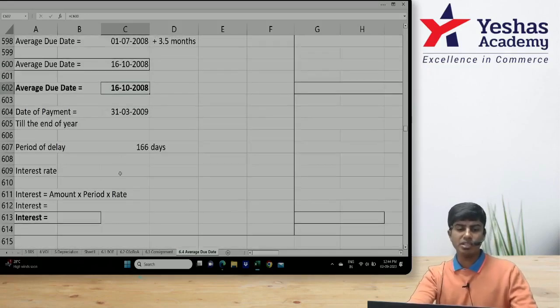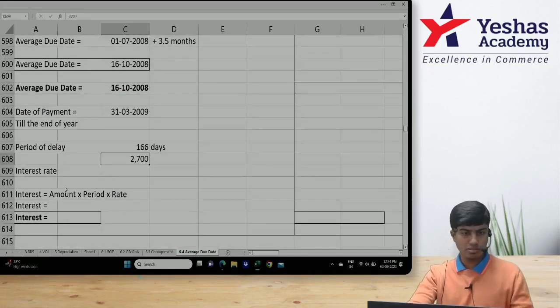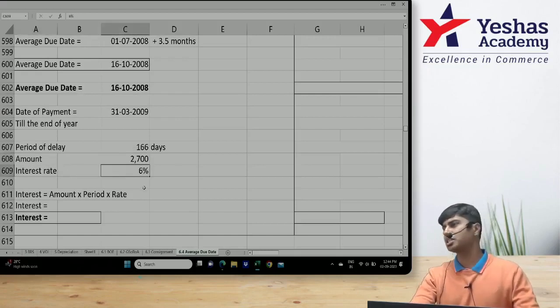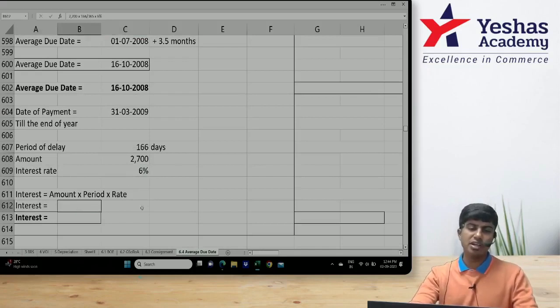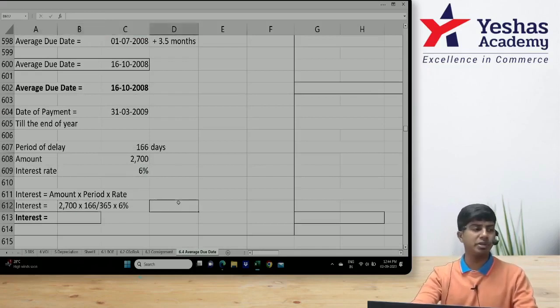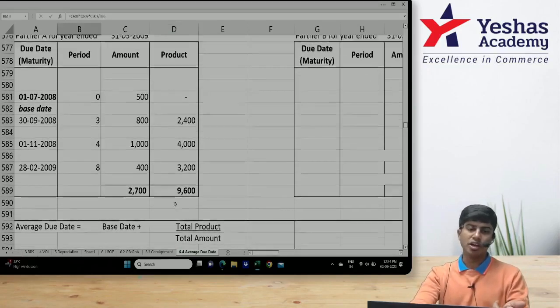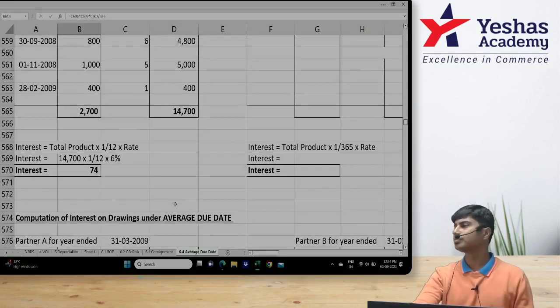We'll compute interest. Total amount is 2,700. Interest rate is 6%. 2,700 into 6% into 166 by 365. 74. Same we had got in the previous case also.